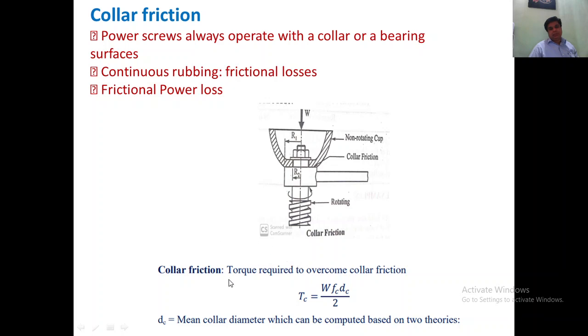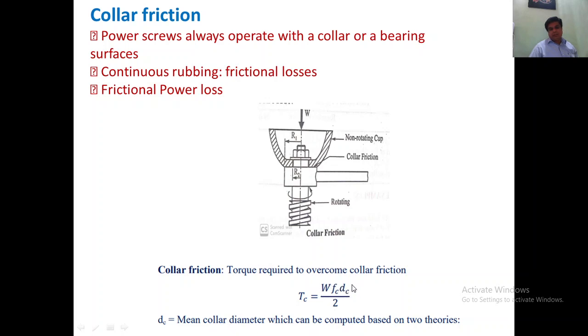So now we will consider this collar friction. When you consider this collar friction, the torque will be force into distance. The load is the load applied here, W, and we have the coefficient of friction for the collar, and the distance is DC by 2. DC is the mean collar diameter, and half of that is the distance.